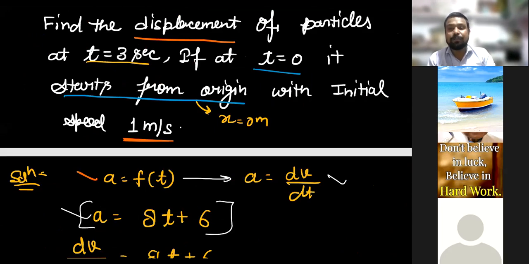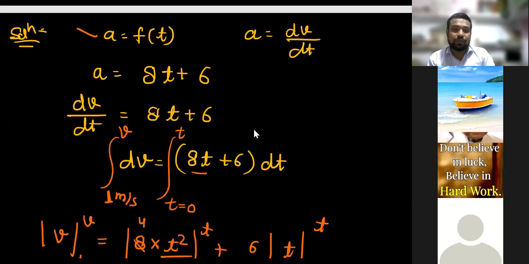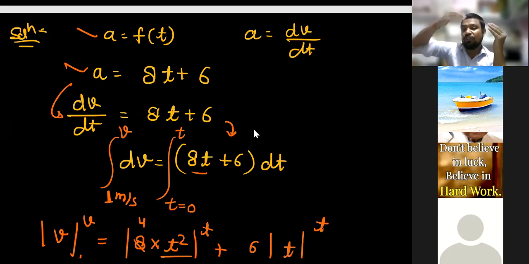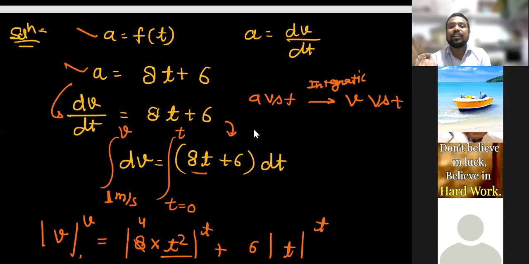Now we use the simple concept that a is equal to dv over dt. dv over dt is equal to 8t plus 6, taking an integration on both sides because you want to go from acceleration versus time to velocity versus time. So if you want to go from acceleration versus time to velocity versus time, you do the integration. Clear, my dear friends?